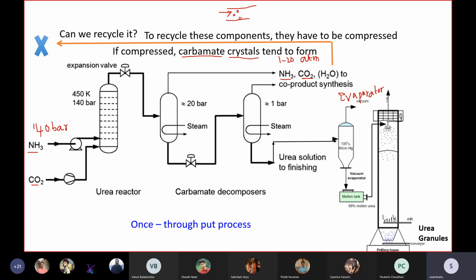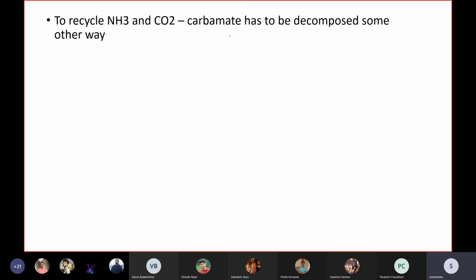Some of the old industries used to just utilize the ammonia and CO2 for some other purpose instead of recycling back. But in the modern industries, they have developed a different technique to recycle this ammonia and CO2.